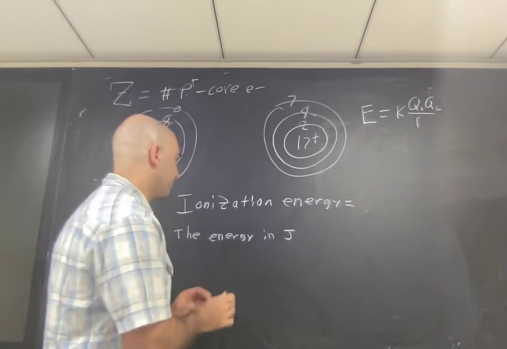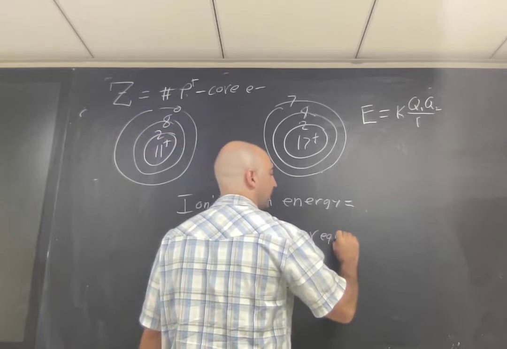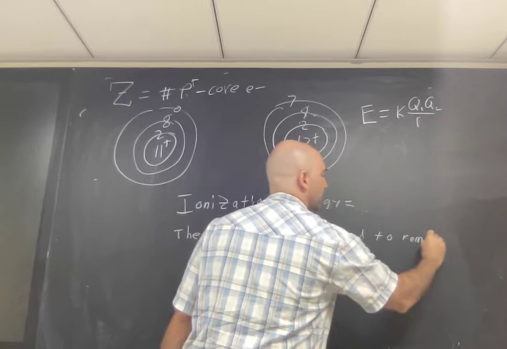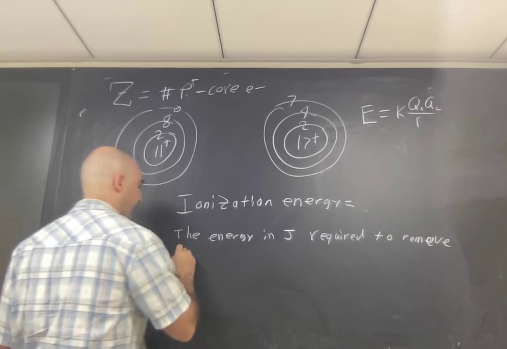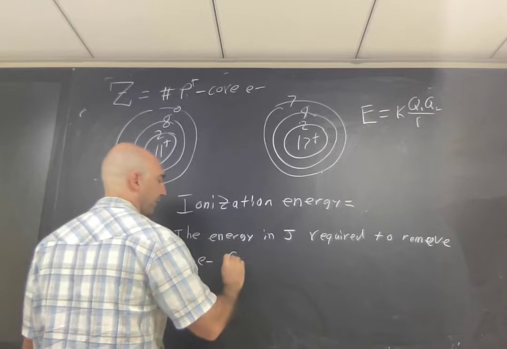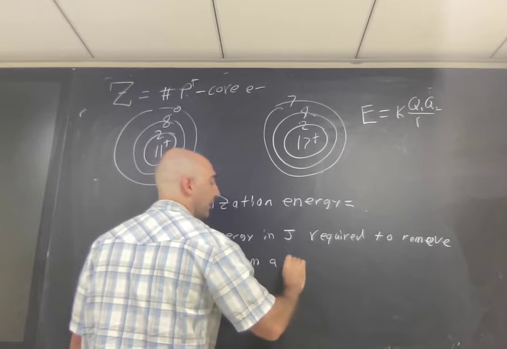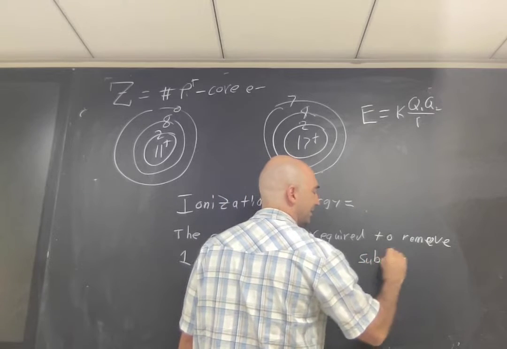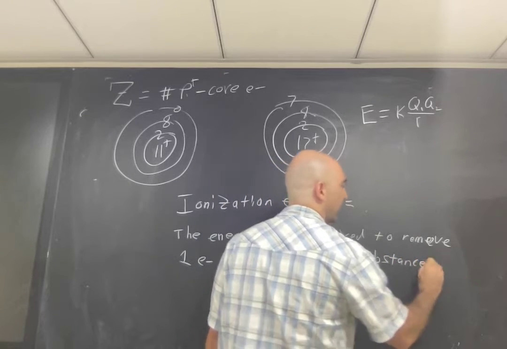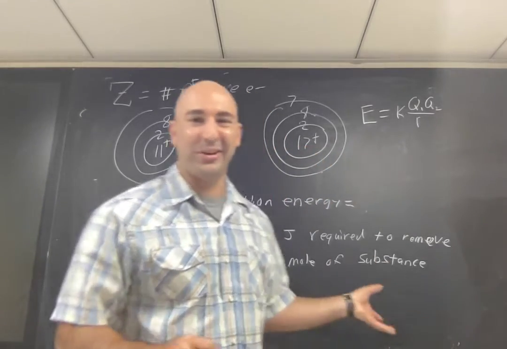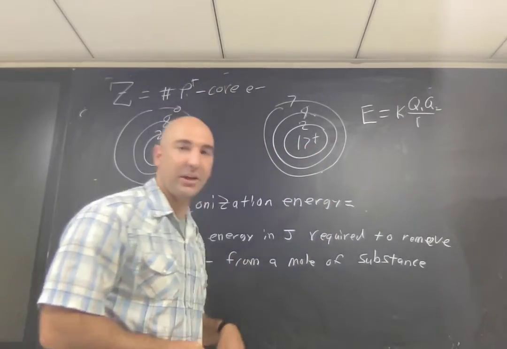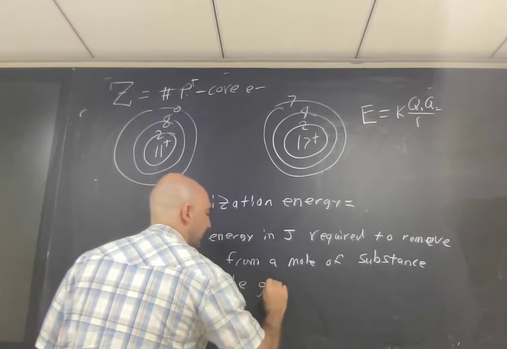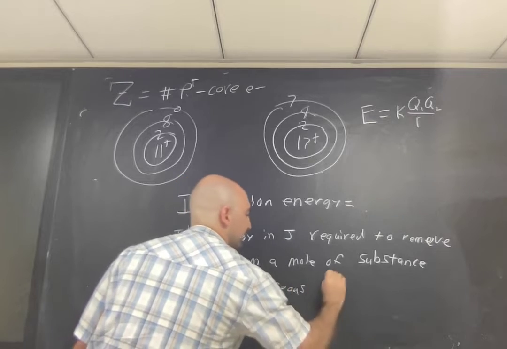The energy in joules required to remove 1 electron from a mole of substance. You could say atom, you could say element. And it's always at the gaseous state, so I'll even write that so you don't forget: at the gaseous state.